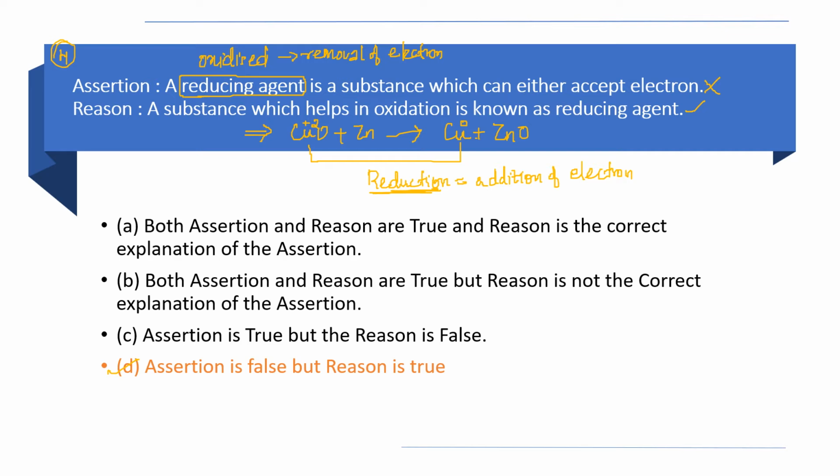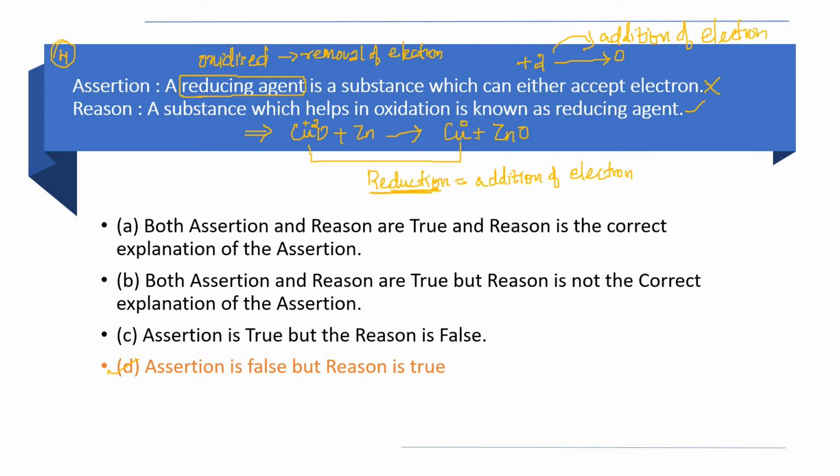Cu gains 2 electrons and comes to 0 oxidation state, which means there is no lack or gaining of electron. So Cu plus 2 just changes to 0. That means addition of electron. So reduction can also be termed as addition of electron.